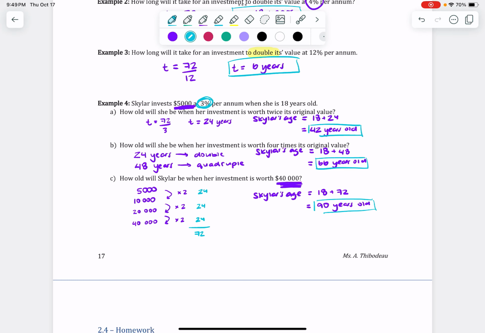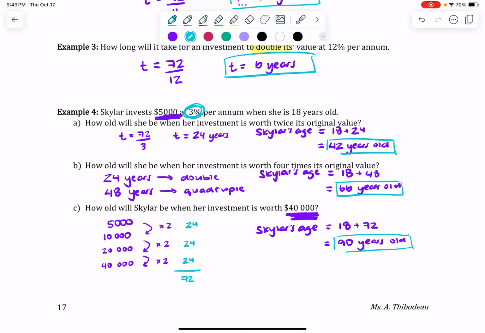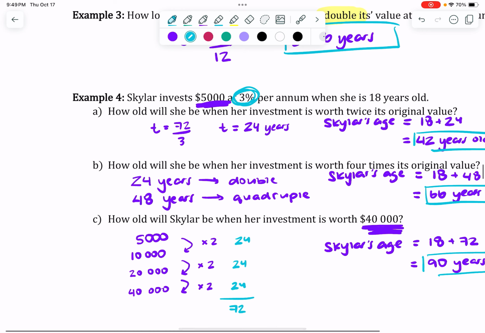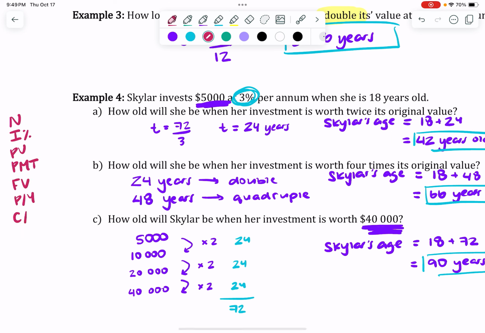If we were given more information, like if we were given the compounding periods, how often it compounds, we would be able to use TVM. So in TVM, I'm doing an aside here, but I'm looking at all of the inputs. There's a lot of things I do know. I know the I%.